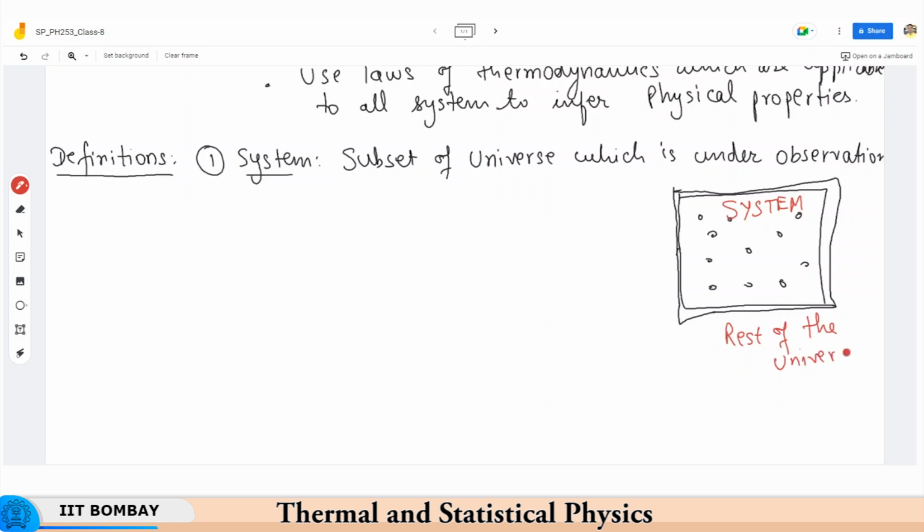So in that sense I can just call my system equals universe minus rest of the universe, right?